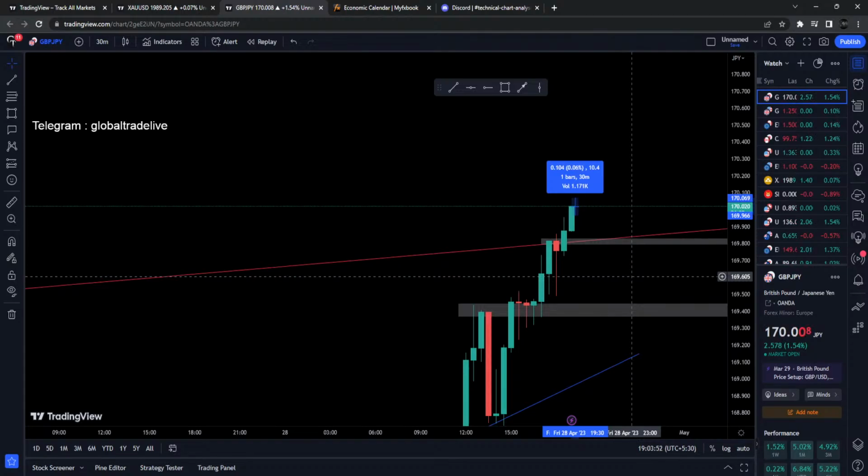Okay, it has crossed half the distance over here, and it's going with no wick on the bottom. That means there is high bullish pressure. But still, I'm gonna just stick to my analysis.